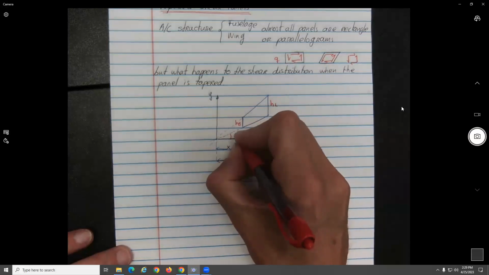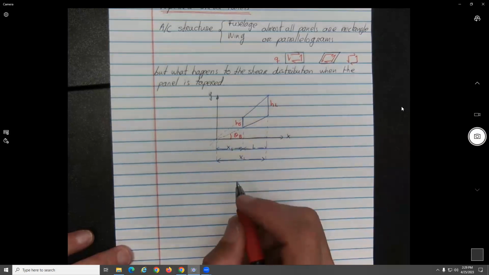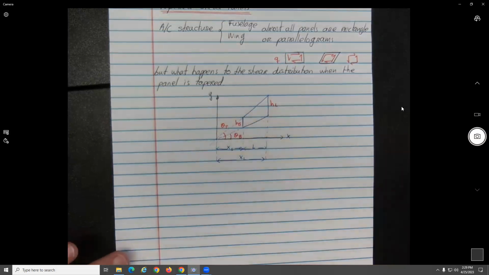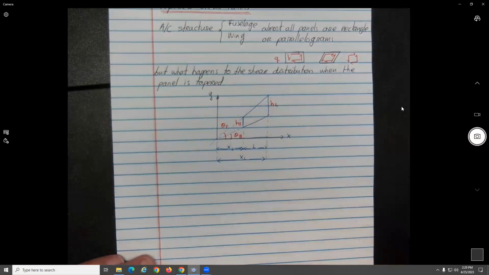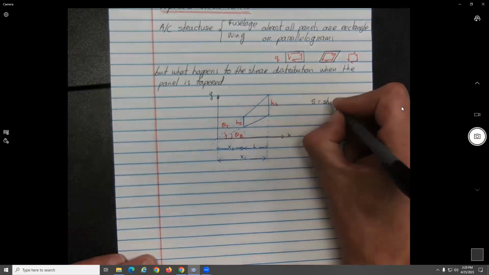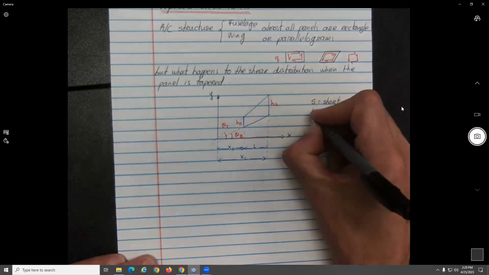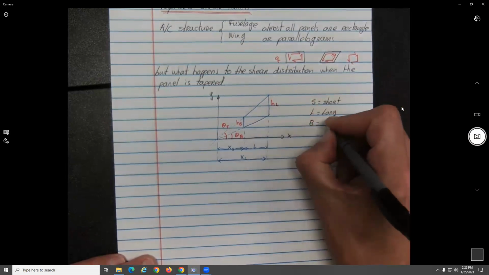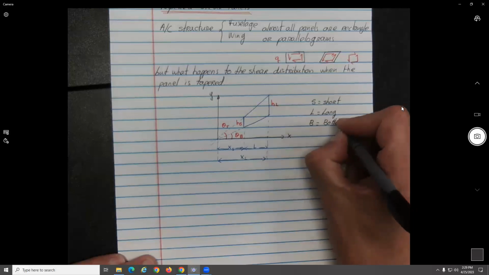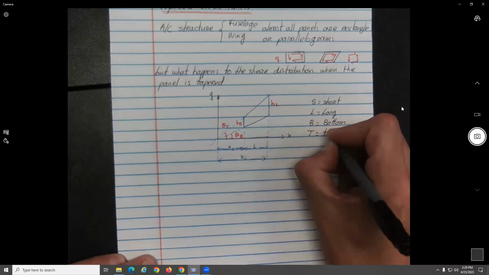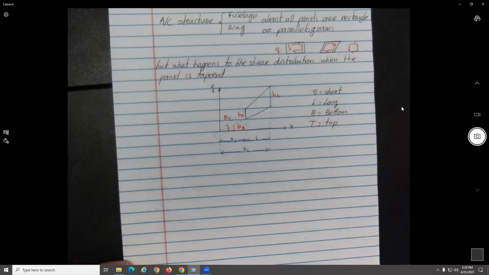This will be theta B for bottom, and this will be theta T for top. Basically, S stands for short, L stands for long, B stands for bottom, and T stands for top.